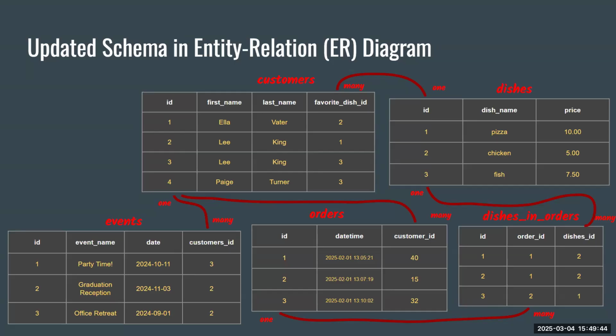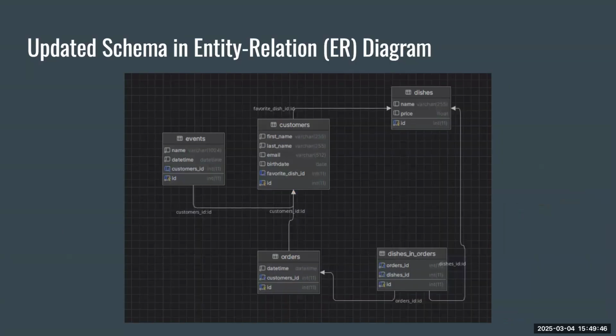So the first one is generated by a tool called Beta Grip, which I've used to help put this presentation together. And I really don't like it very much. So you'll notice though that the arrows point from the many side of the relationship to the one side. So there can be one dish that is the favorite dish of many customers.